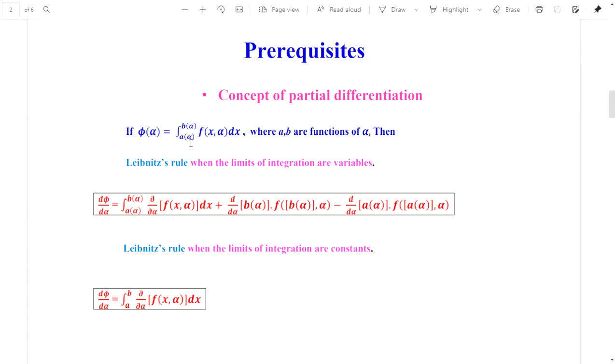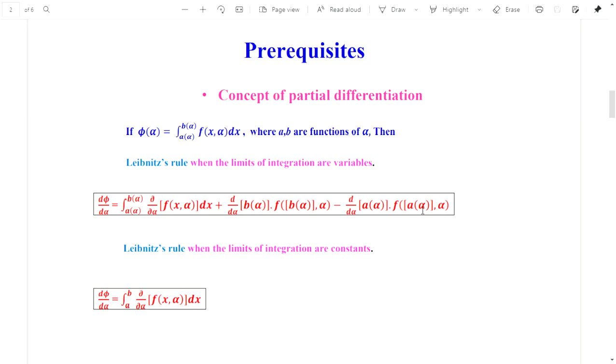If phi of alpha is equal to integral of a of alpha to b of alpha f of x comma alpha into dx, where a and b are functions of alpha, where alpha is the parameter, then the Leibniz rule is d phi by d alpha is equal to integral of a of alpha to b of alpha dou by dou alpha of f of x comma alpha into dx plus d by d alpha of the upper limit b of alpha into f of b of alpha comma alpha minus d by d alpha of a of alpha, the lower limit of the integral, into f of a of alpha comma alpha.